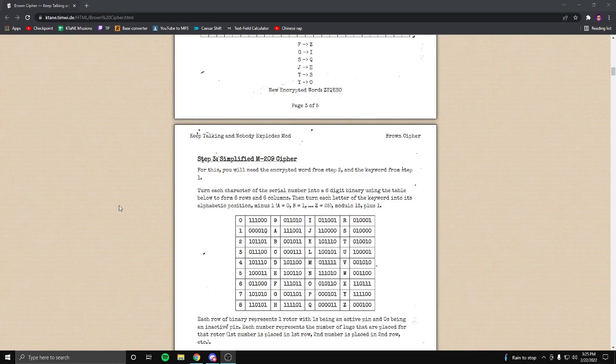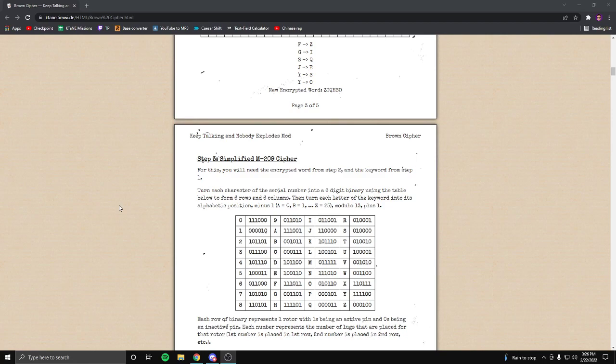M, 0 1 1 1 1 1. N, 1 1 1 0 1 0. O, 0 1 0 1 1 0. P, 0 0 0 1 0 1. Q, 0 0 0 0 1 1. R, 0 1 0 0 0 1. S, 0 1 0 0 0 0.